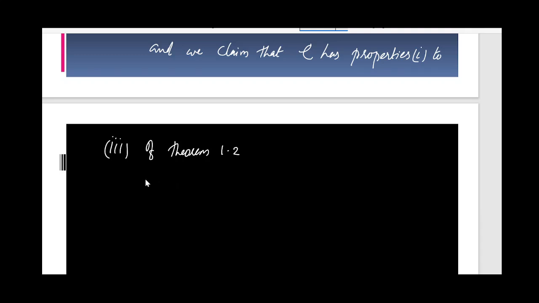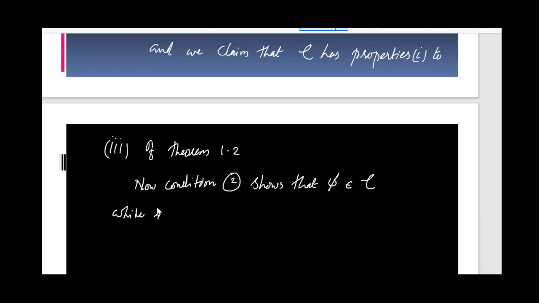Now condition 2 shows that the empty set is a fixed point, so this belongs to our collection C, while condition 4 implies C is closed under finite union.